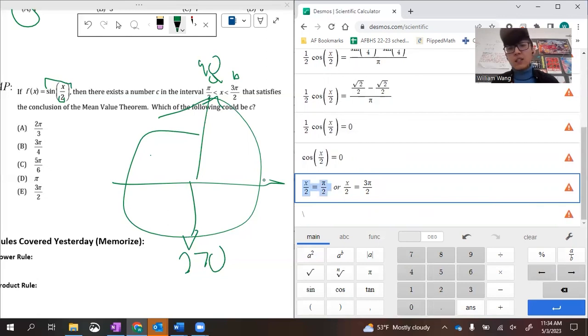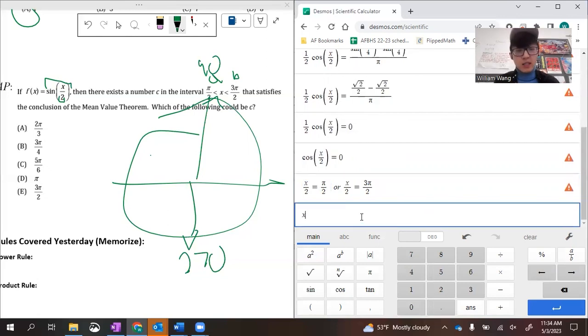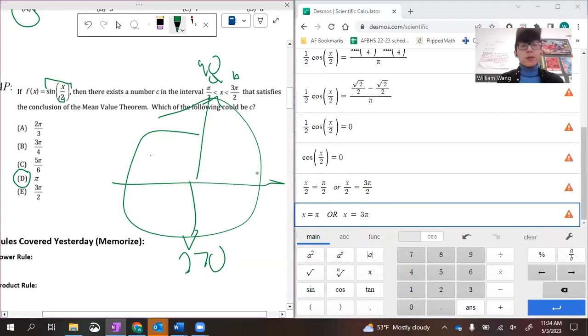Okay, well, x over 2 is equal to pi over 2. That means x is going to be equal to pi, or x is equal to, in this case, 3 pi. So which one of these is an answer choice, x equals pi or x equals 3 pi? The answer is D, pi. They don't have the 3 pi option, so my answer choice is D. All right, hopefully that makes sense.